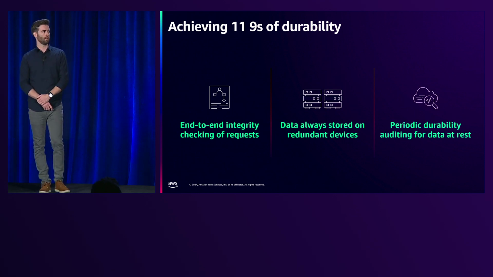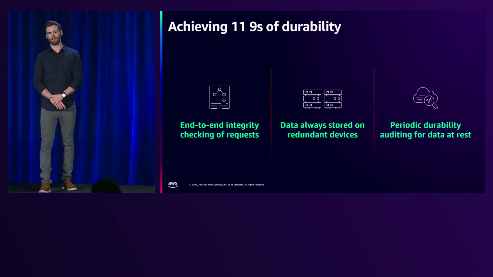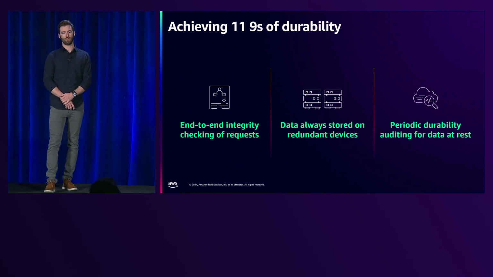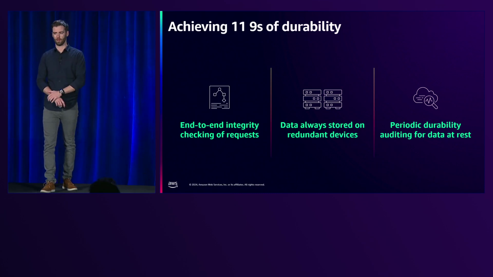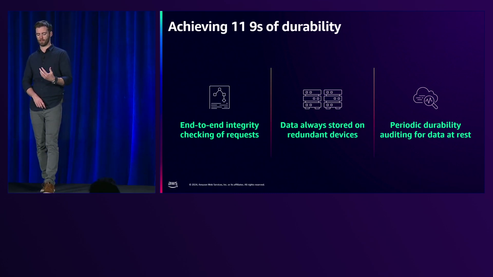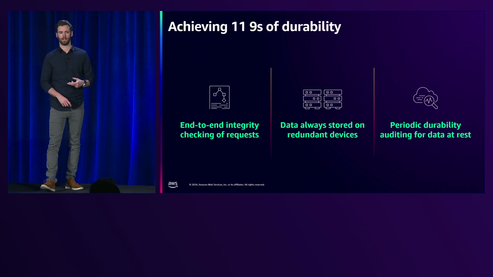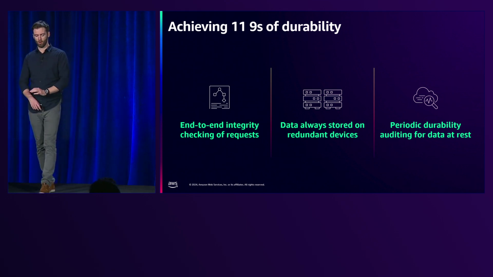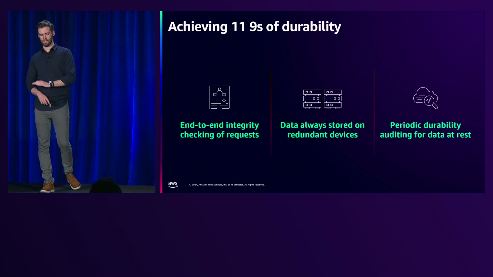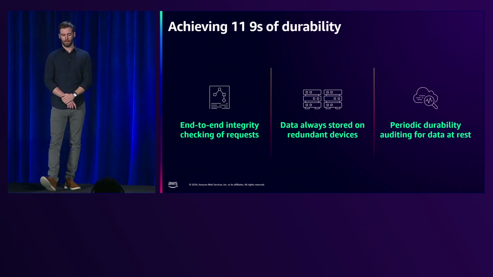And the third one then is periodic durability auditing, and so that is checking that the data we've stored is the same when we try and retrieve it. And we're continuously checking the data all the time to make sure that it hasn't decayed over time. That's a really, really important piece of it. That auditing is super important, and I'll go deeper into that in a little bit, especially how we think about storing data over many, many years.